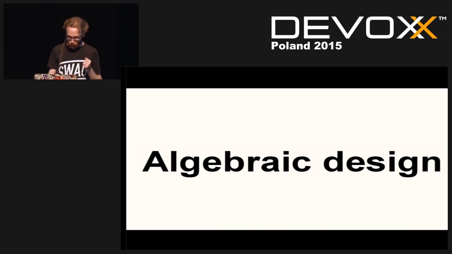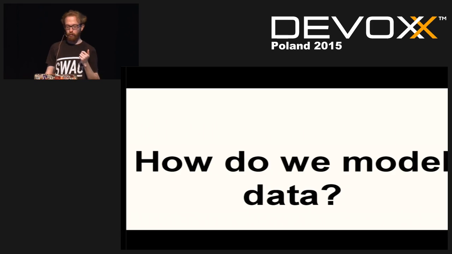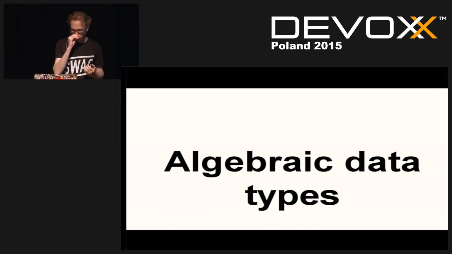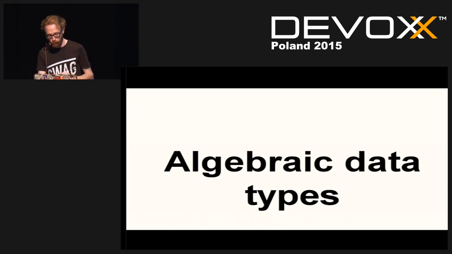So with that in mind, how can we model data? There is a thing. It's not just in functional languages, and "functional languages" doesn't mean anything anyway. You can find it in many places, but more in functionally oriented languages, I would say.